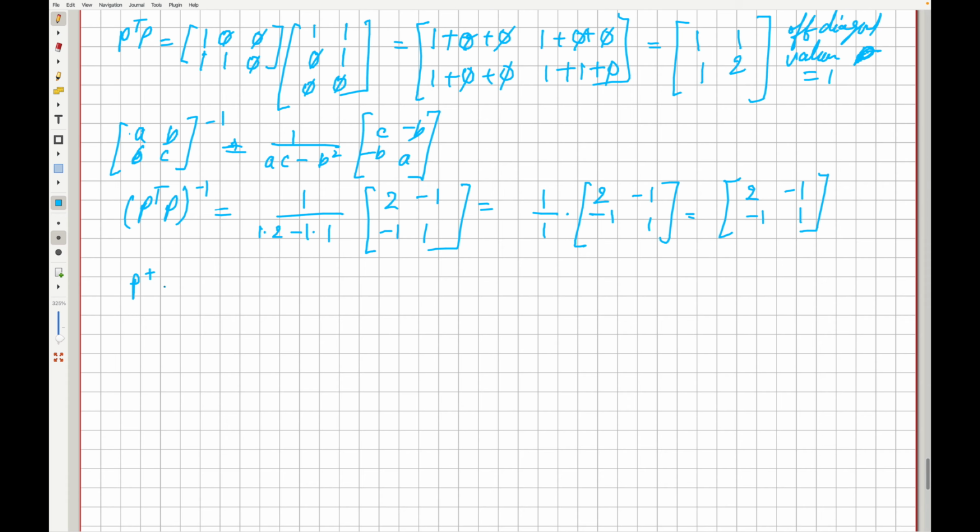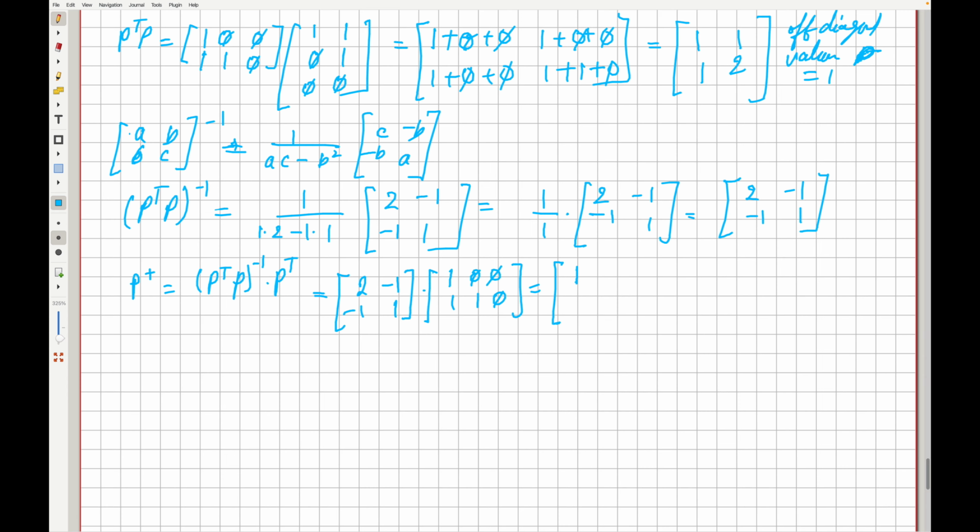We can now calculate the P plus. So P plus is equal to, we already have the inverse, we simply dot that with P transpose, and so let's do that. 2 minus 1 minus 1 1, then we dot that with the P transpose, which is going to be 1 0 0, then we have 1 1 0. So what we get here is the following: 2 times 1 is 2, and minus 1 times 1 is minus 1, so this would be 2 minus 1, so we get 1.